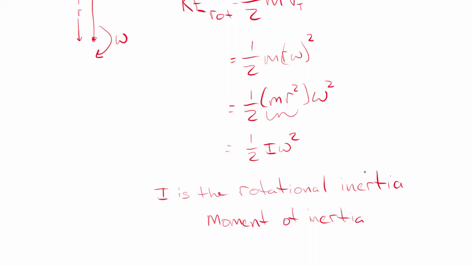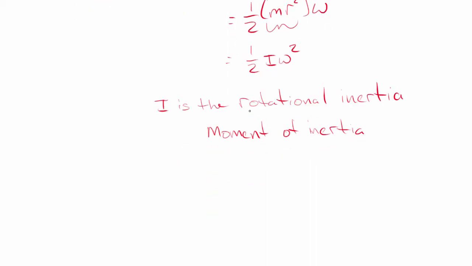All right, so we have this rotational analog to mass. The problem is it's not only dependent on mass, it's also dependent on some distance. And if you look really closely, we came up with this relationship, I is equal to mr squared, because of our specific problem. But you can imagine a different problem, right? Instead of having one ball attached to a string, you have many balls or something like that.